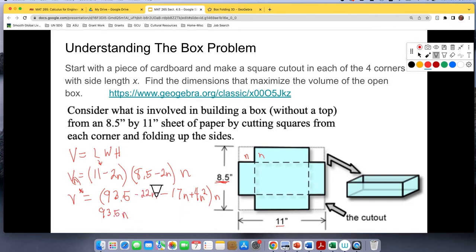This is negative 22 and negative 17 is negative 39n, but I'm going to multiply by this, so I'm doing 2 steps at once, so I'm going to make that an n squared from the n on the outside multiplying through. And then the last one becomes plus 4n to the third.